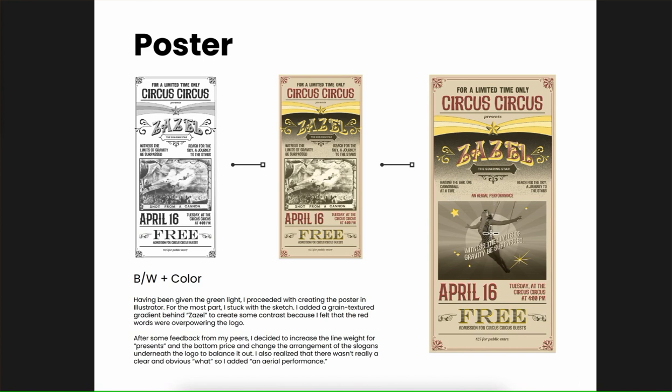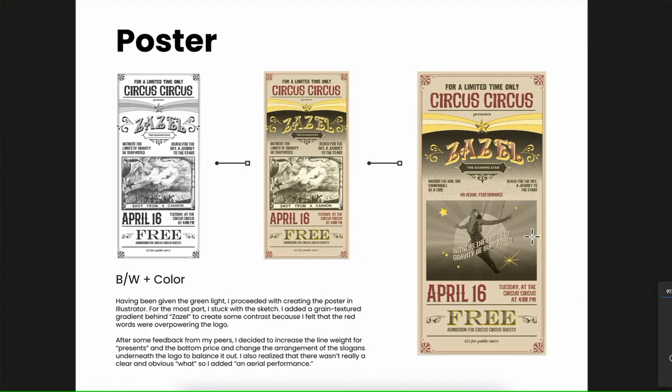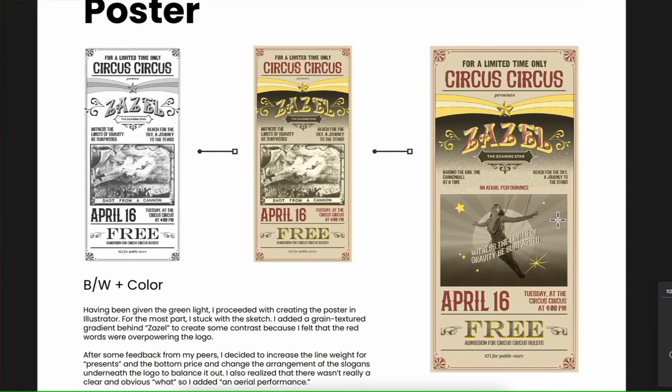I think that your acrobat, if you could take her into Photoshop, she needs a little bit more contrast. She's pretty gray right now. So since you have a gray background, it's all a little too gray.